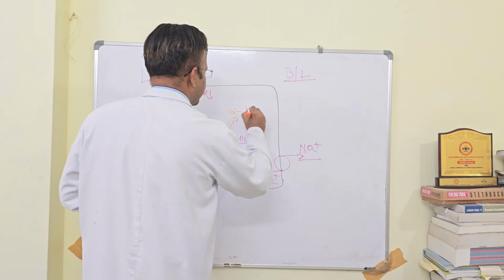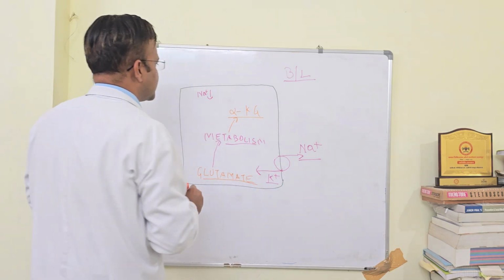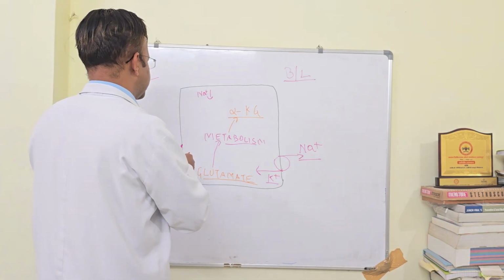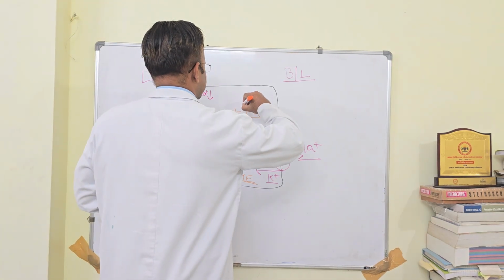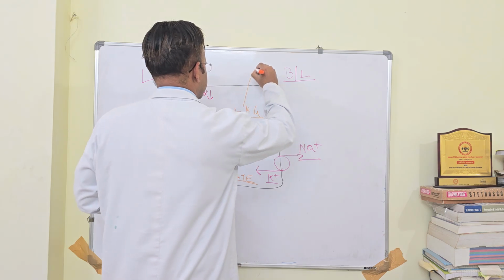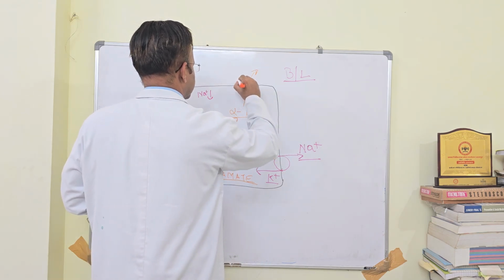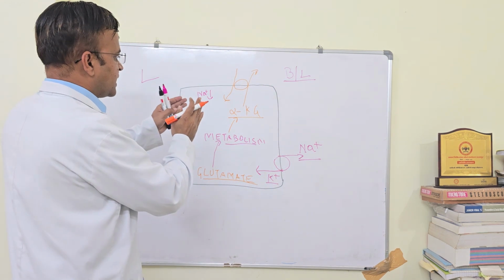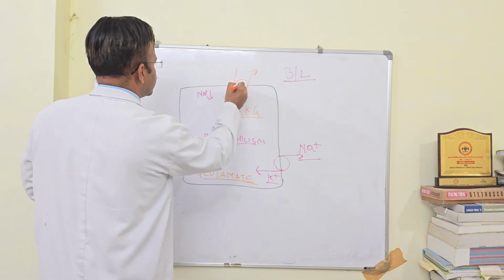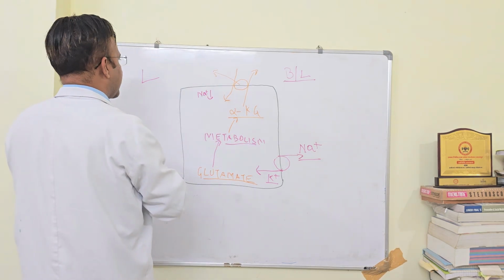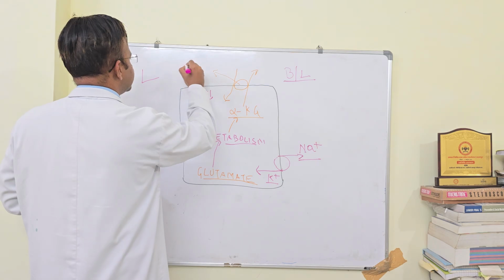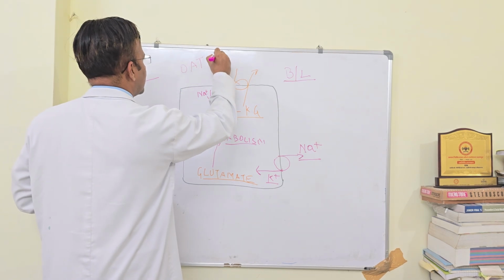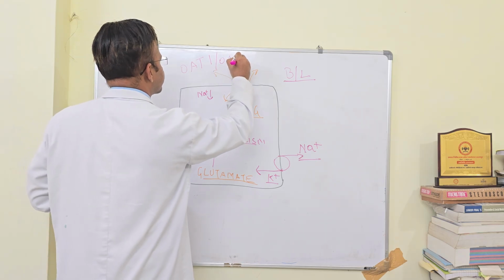Alpha KG, in short form, I am writing alpha KG. Now, this alpha ketoglutarate has to be excreted out. So over here, you will have organic anion transporters, OAT, either OAT1 or OAT3, organic anion transporters.